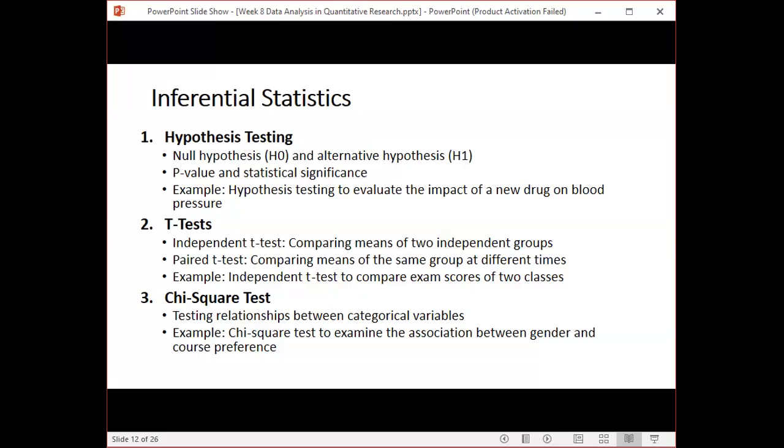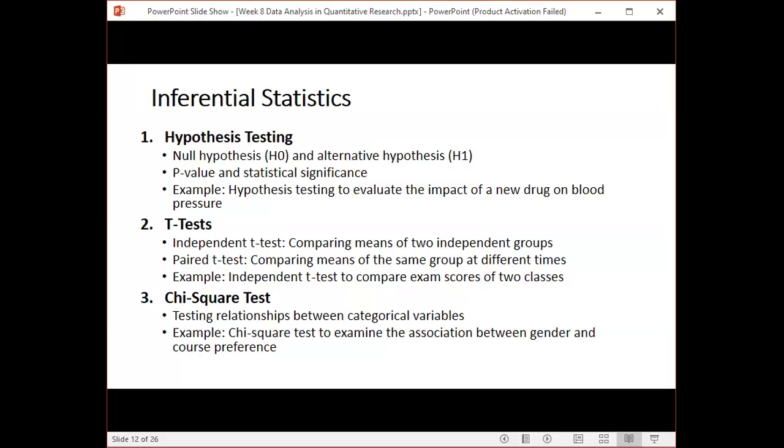So we can do hypothesis testing as an inferential statistic in quantitative research or in quantitative data analysis. Okay. We can do t-tests. T-tests are other forms of quantitative analysis where we are testing the hypothesis that one group is the same as the other, or that one group is different from the other.